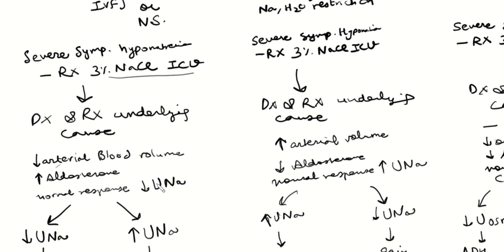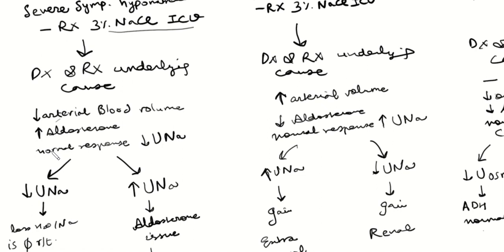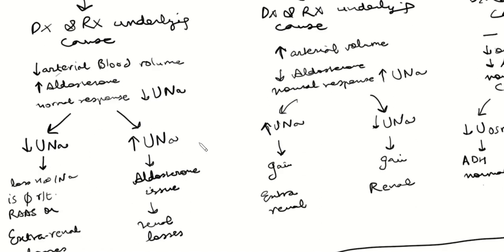So if you see hyponatremia and patient is hypovolemic, okay, while you're treating the patient, what would you expect the provider to order? Okay, they may order urine sodium because they want to know, is the aldosterone system working or not? Because if the urine sodium is low, aldosterone is working perfectly.